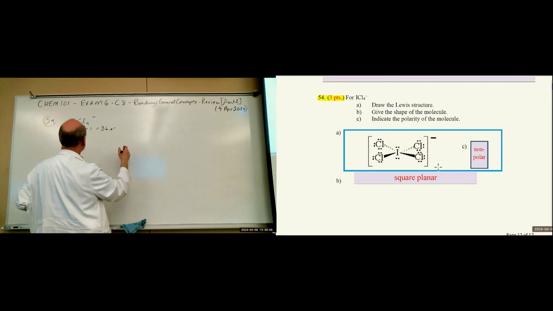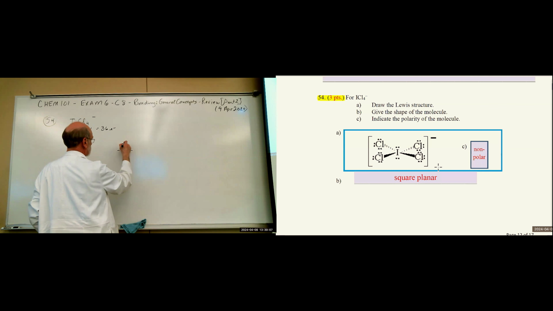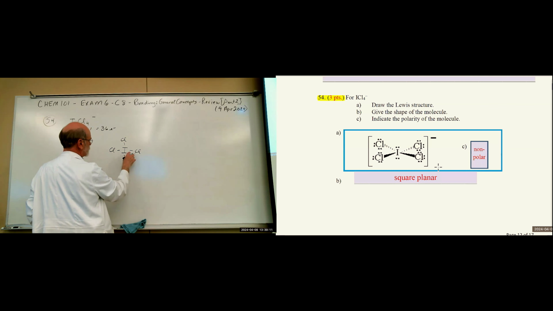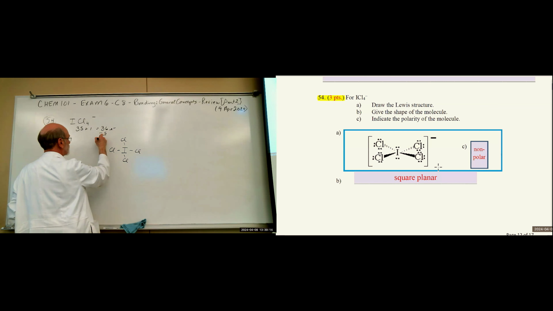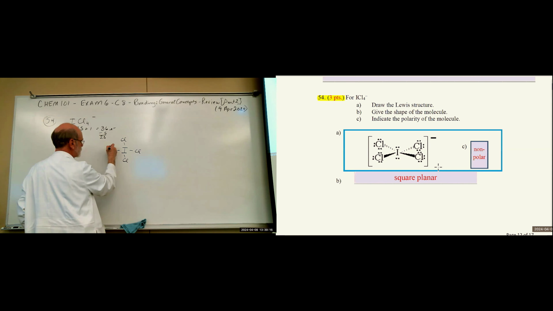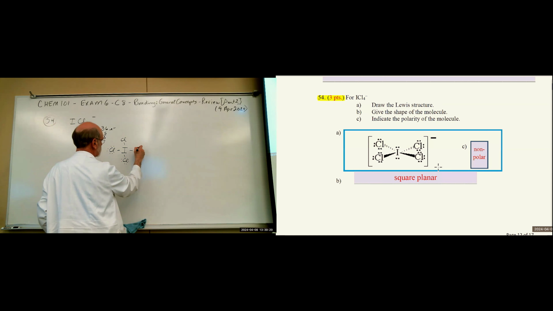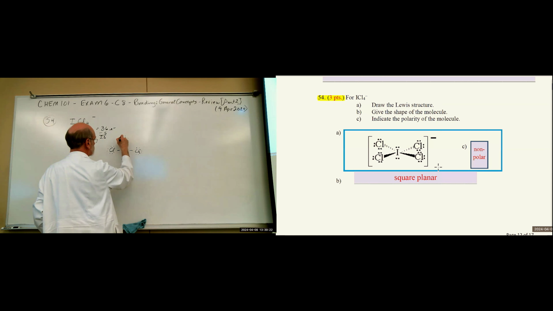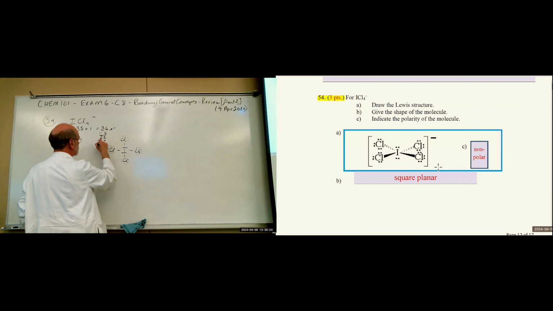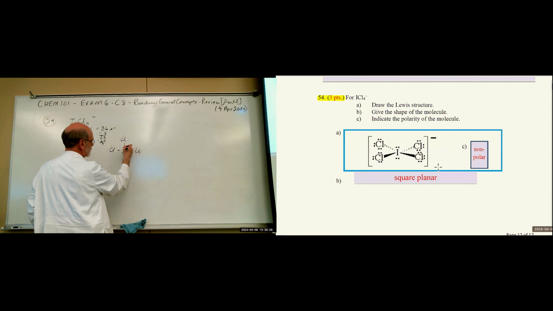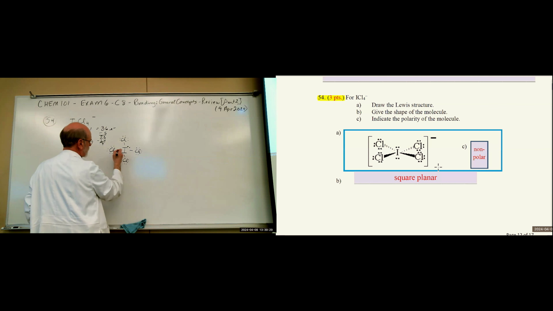So it goes in the middle. We have 4 chlorines, 2, 4, 6, 8. 28 electrons, 2, 4, 6, 8, 10, 12, 14, 16, 18, 22, 24. So we have 4 left over. 2 there, 2 there.